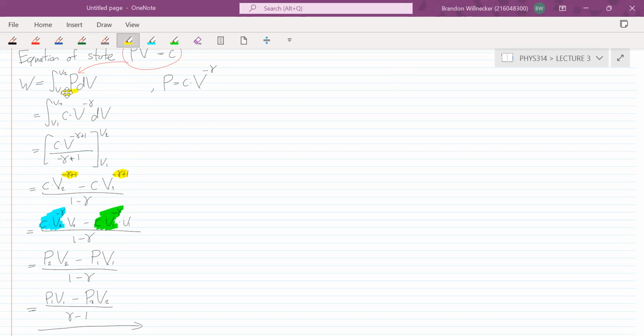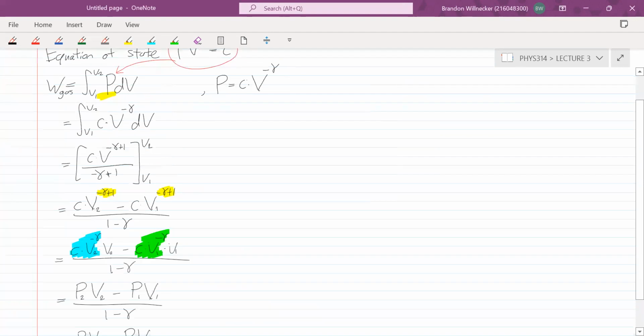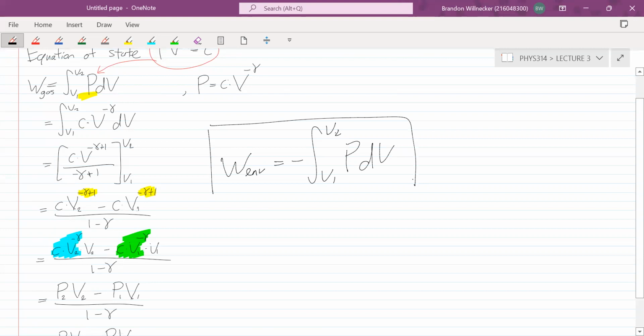So this is W gas, if you want to write it like that. Or if you want W environment, that's minus the integral from V1 to V2 of P dV. So it depends on what you're asked. Does that answer your question?